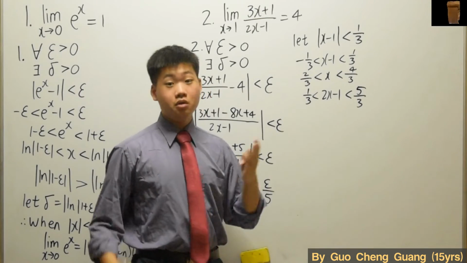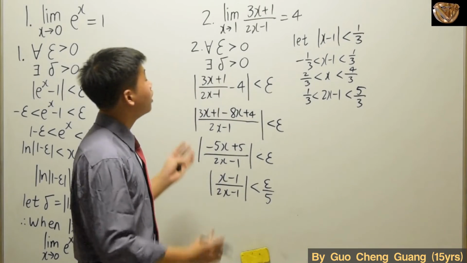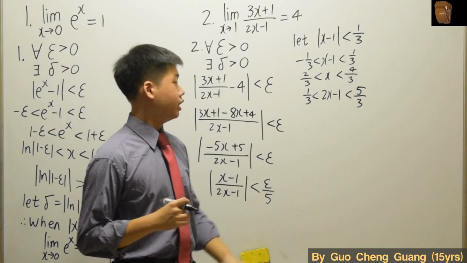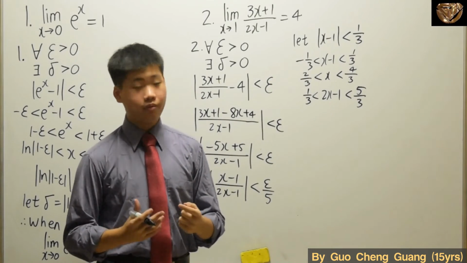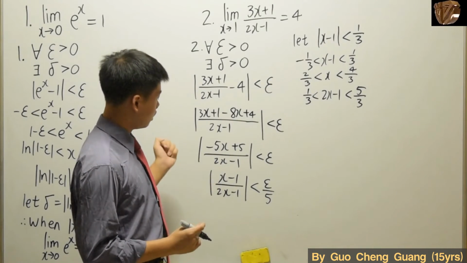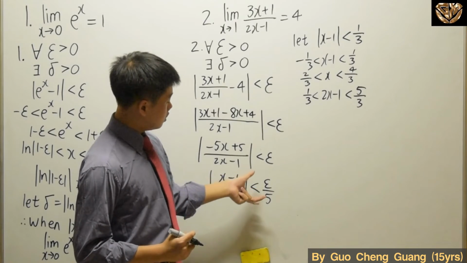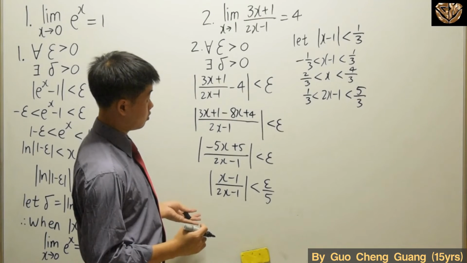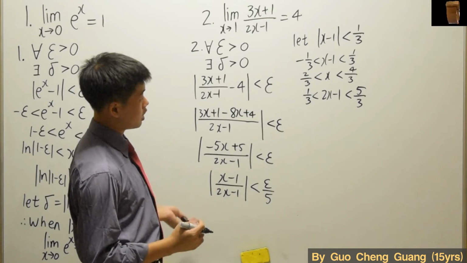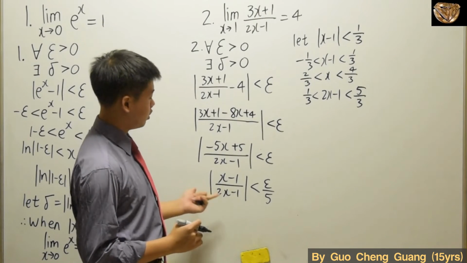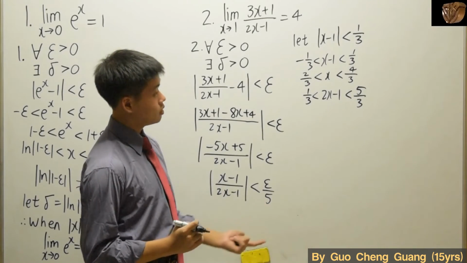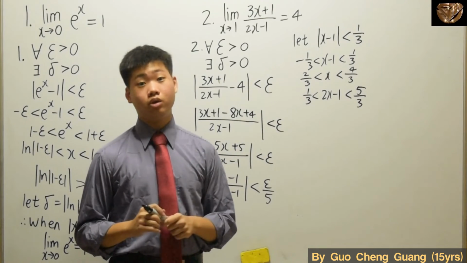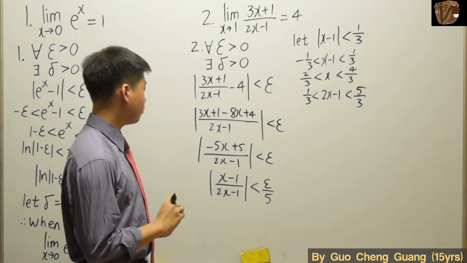But which one do we use? Okay, let's think about it. We want x minus 1 to be small. We want it to be small. That means this part you would also want to be smaller, isn't it? Now, how exactly do you make that happen? If you multiply this to the other side, that means you want it to be as small as possible, which means you would have to use 1 over 3, alright?